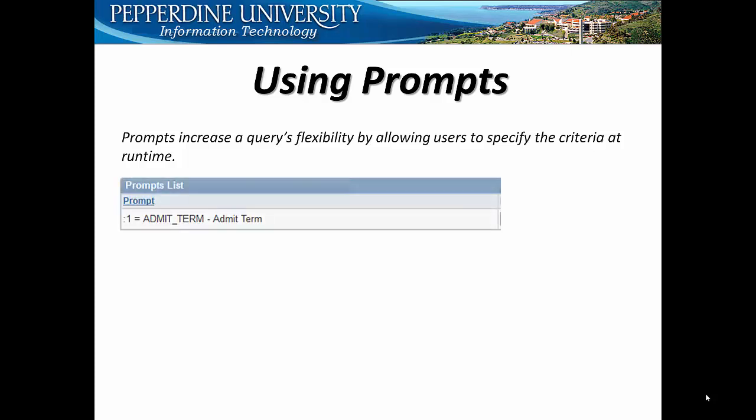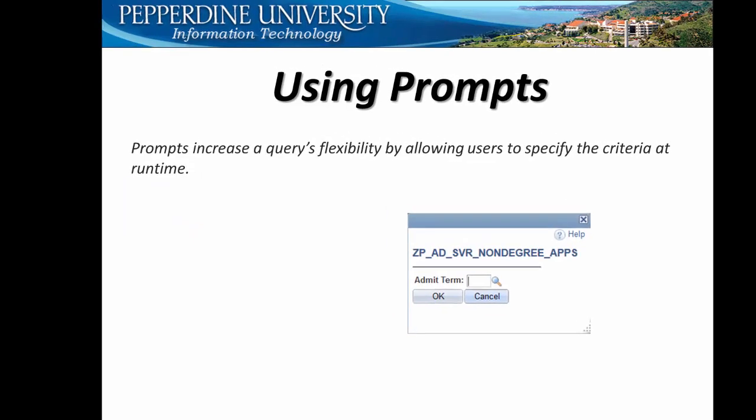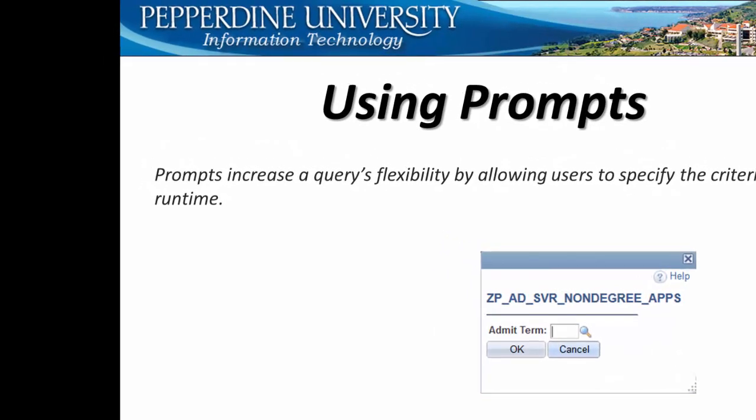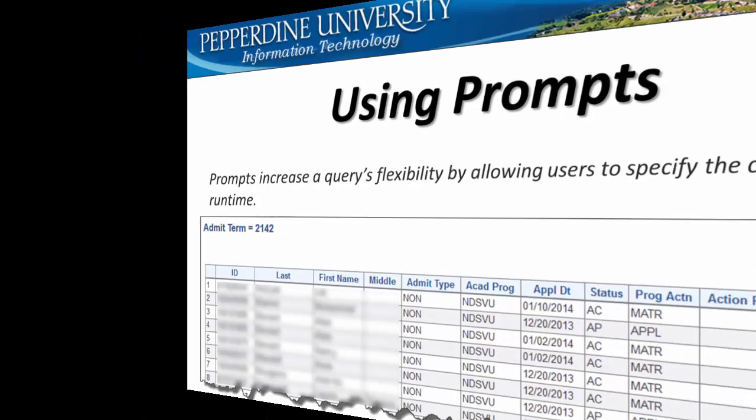In this example, the user needs to review student information and their status for non-degree applicants. By adding an admitting term prompt to the query's criteria, it will allow the user to reuse the same query based on the selected term the user enters. Consequently, the student results are filtered to only those students for that one particular term.